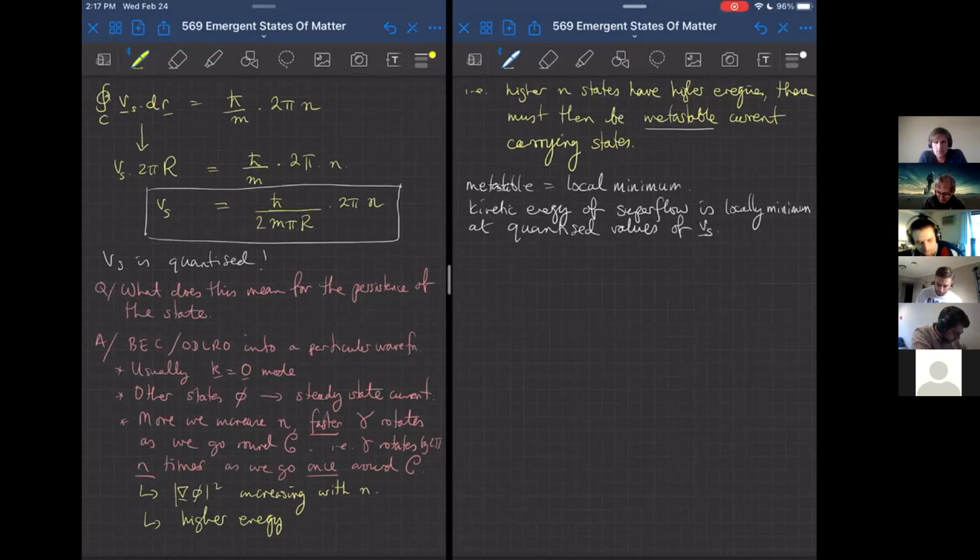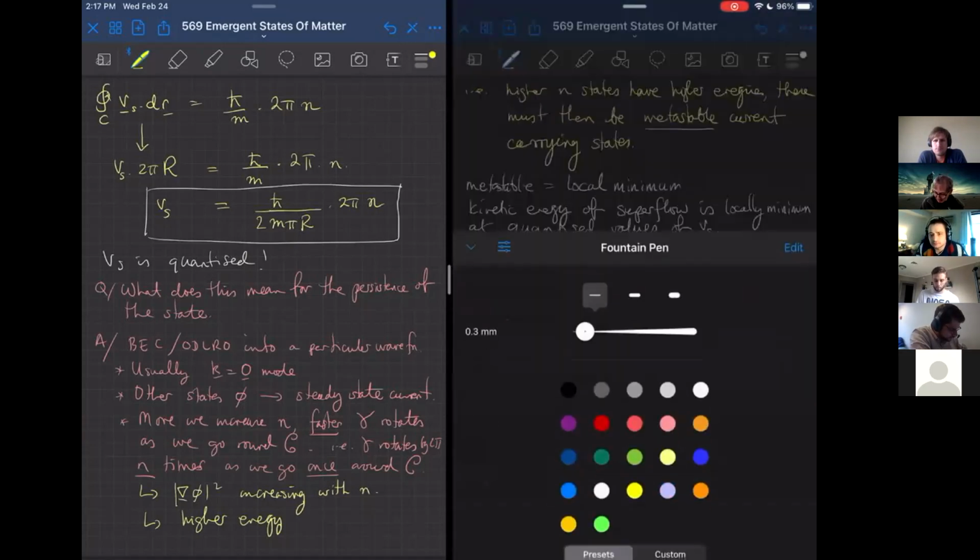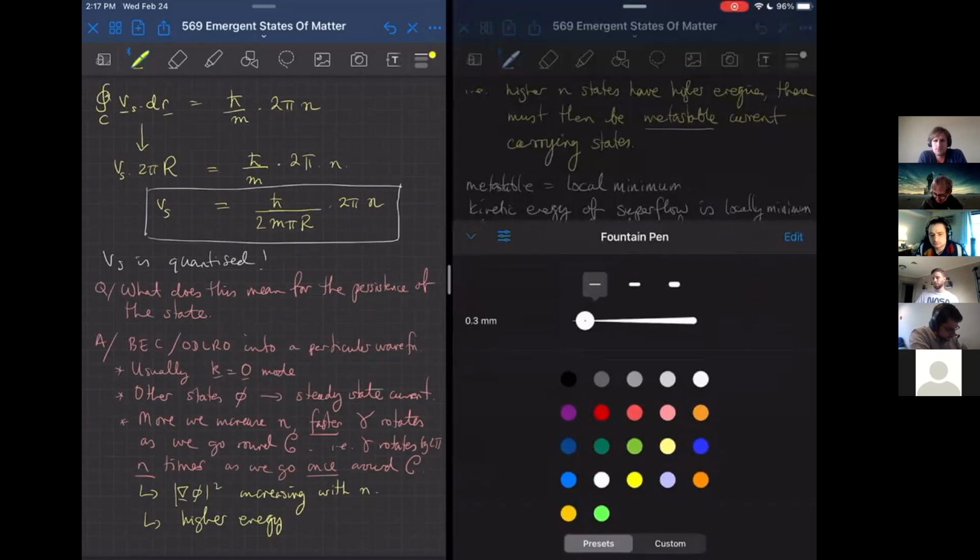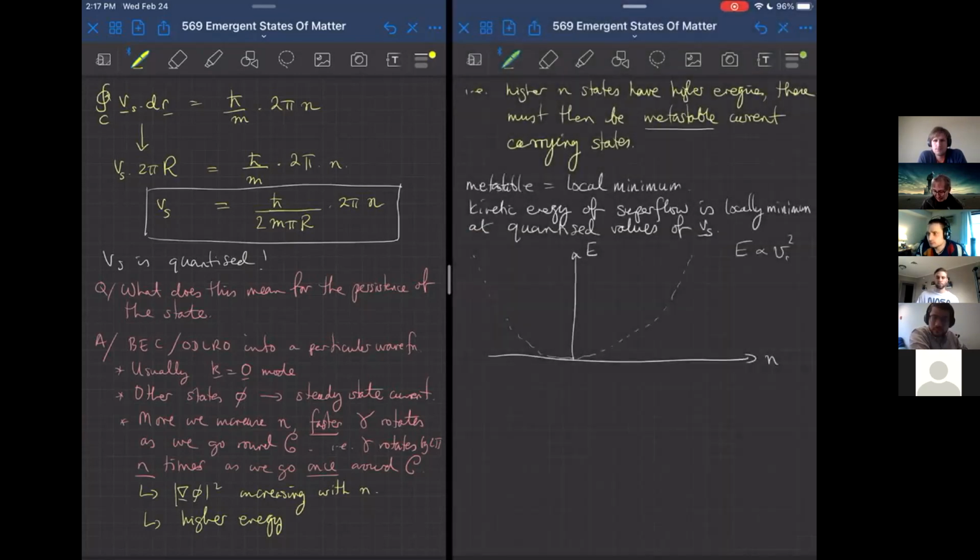And so if I were to compute the energy as a function of n, what you would get is something that looks like this. I'm only going to draw this schematically. So the energy is basically going to go like v squared, right? It's kinetic energy. But now we've got these local minima at n equals 0, 1, 2, 3, and so on, and -1.